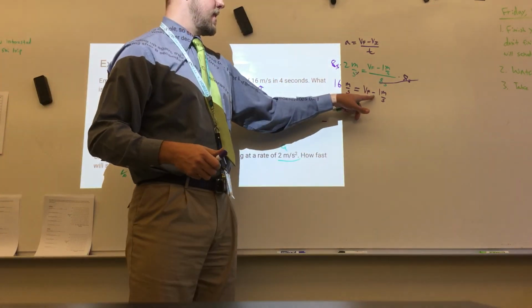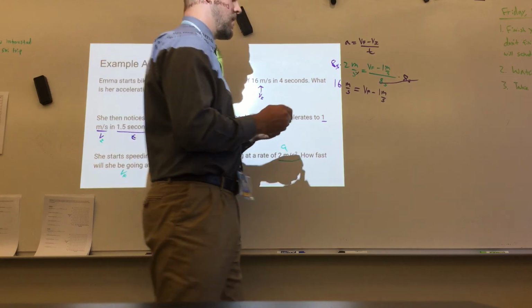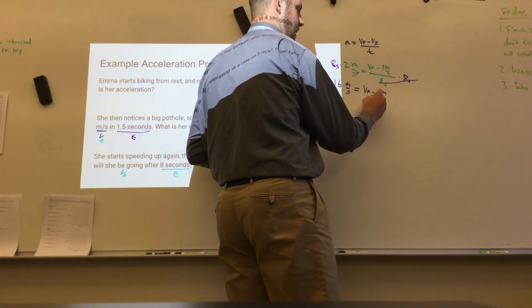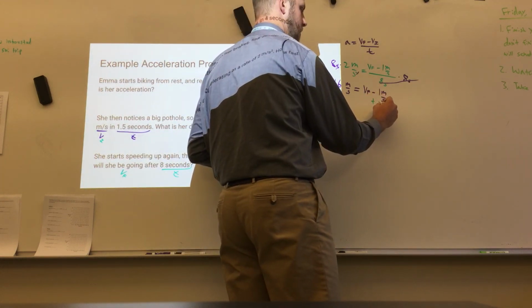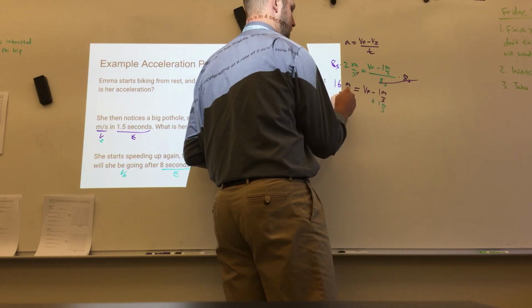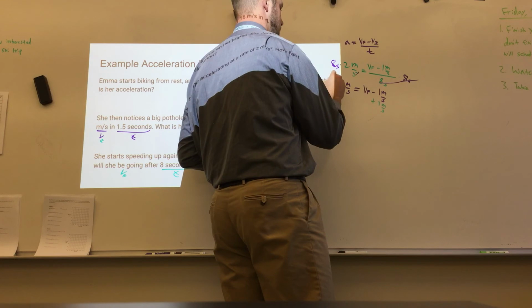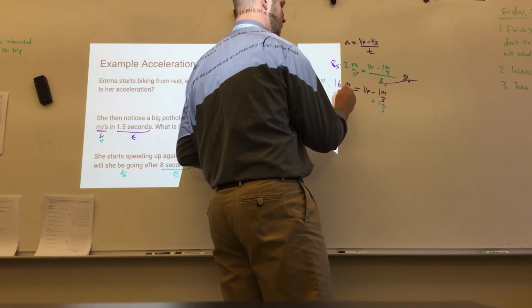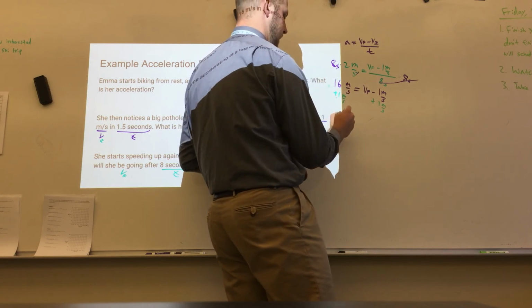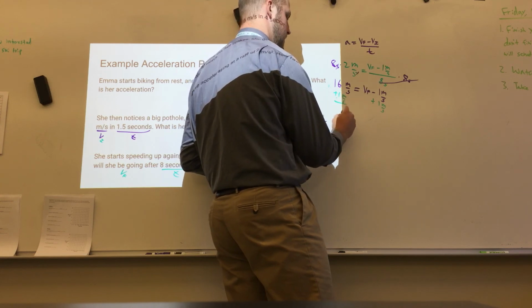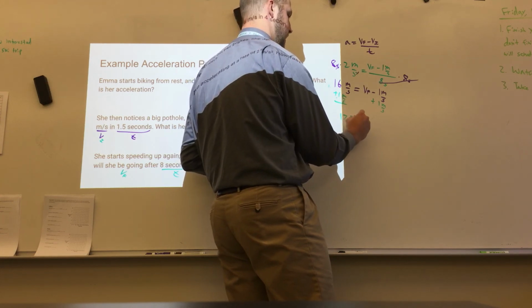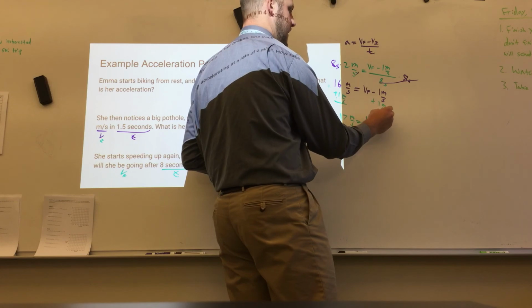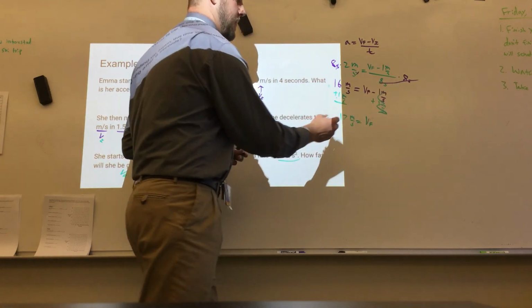Now, order of operations says we can get rid of this, so I will add 1 meter per second to both sides. So that gives me a total of 17 meters per second is equal to velocity final, because that cancels out over here.